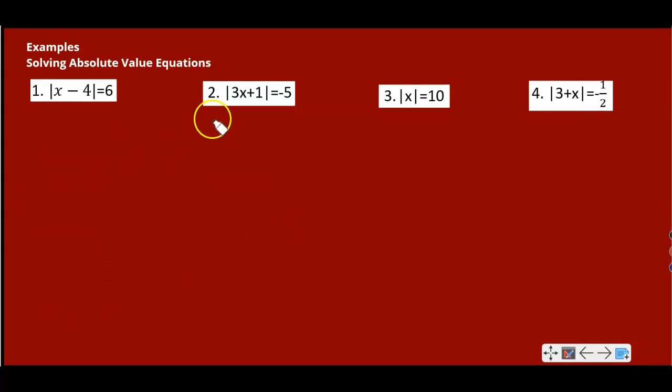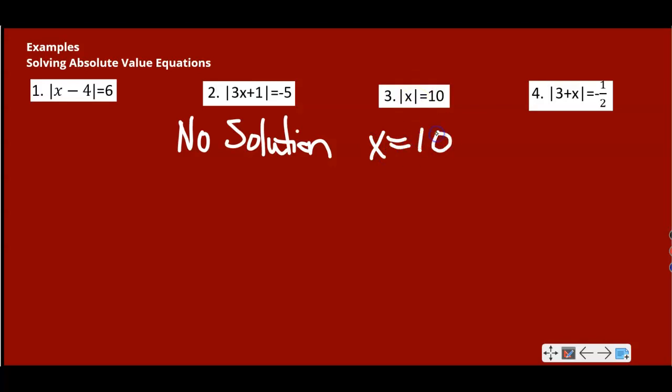All right, so let's move on to number 2. The absolute value of 3x plus 1 equals negative 5. This is isolated. It's equal to a negative number. Remember, it cannot be equal to a negative number because it represents distance. So number 2 is automatically no solution. You can't have a solution for an absolute value equal to a negative. All right, number 3, the absolute value of x equals 10. So x equals 10 and x equals negative 10.